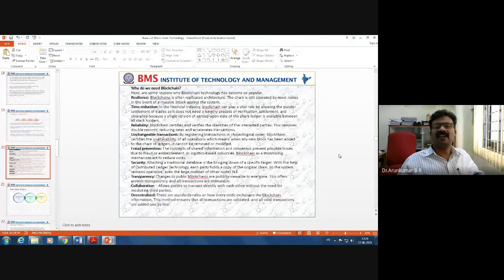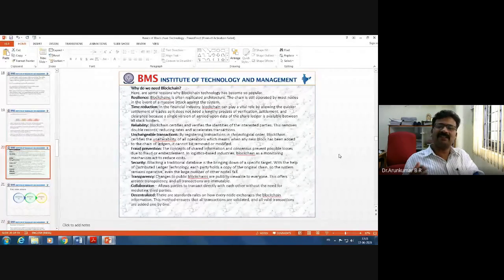Time reduction. In the financial industry, blockchain can play a vital role by allowing quicker settlement of trades and assets. Verification is a lengthy process for trade assets. In such cases, verification, settlement, and clearance take a longer period of time.